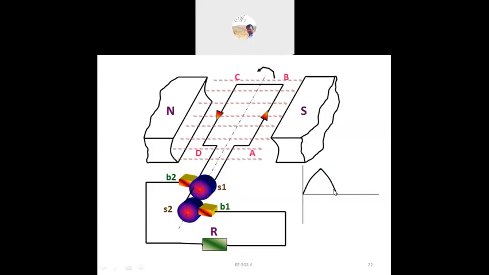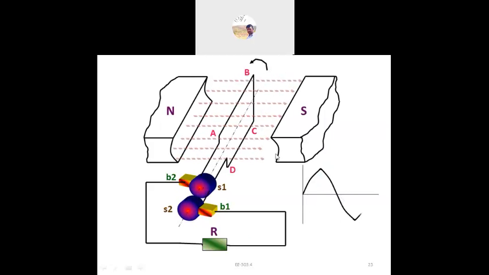From 180 to 270 degrees, there is a reverse current flow because the direction of the current is reversed, and it shows the negative magnitude.